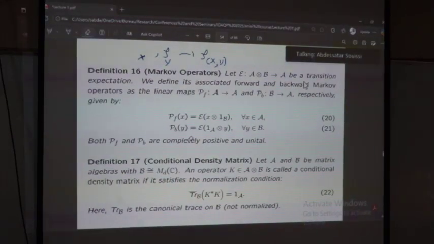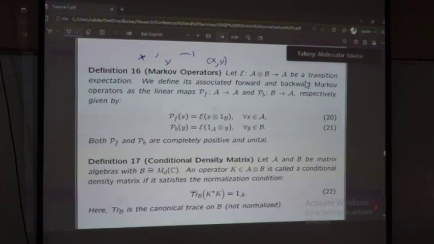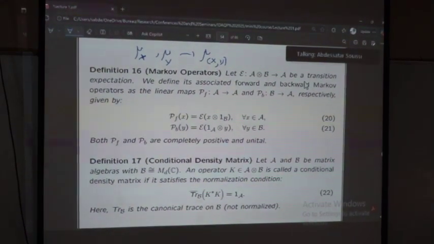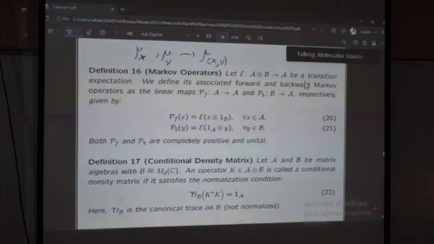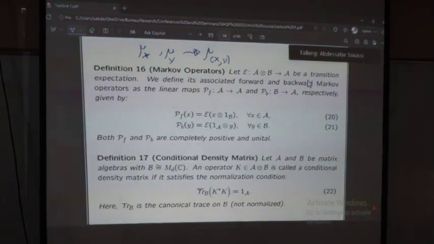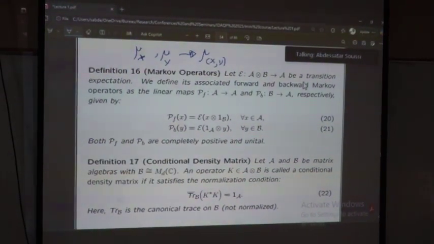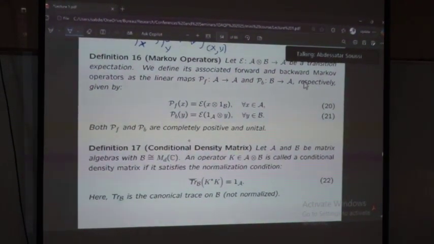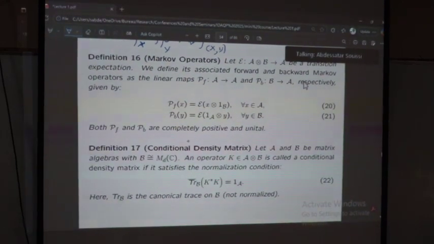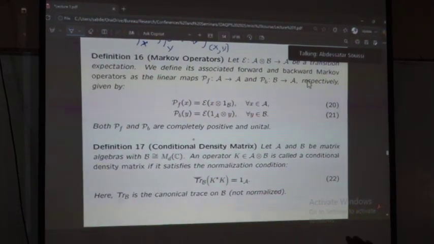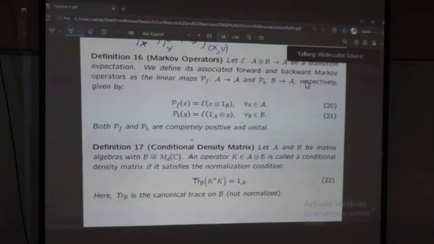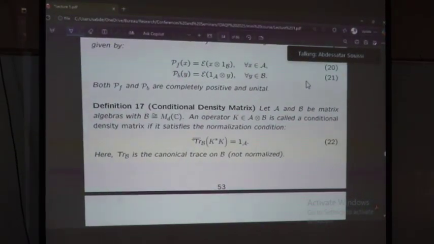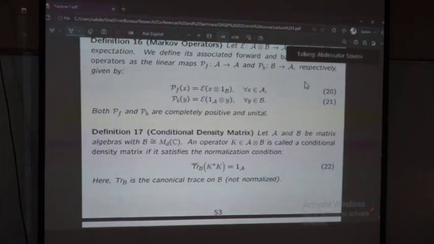Let's put here, in the usual copula notation, U X and U Y. Is it possible to reconstruct U XY given U X and U Y? It depends on the randomness or the correlation between X and Y. Here it is not exactly the same, but it shows the connection between the forward and the backward operators, and that it is possible to reconstruct E using them. It gives a little idea about the quantum randomness that is present here.